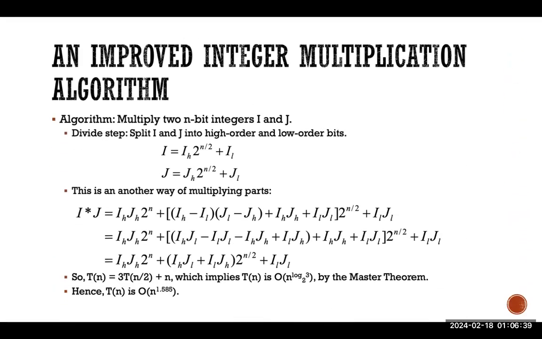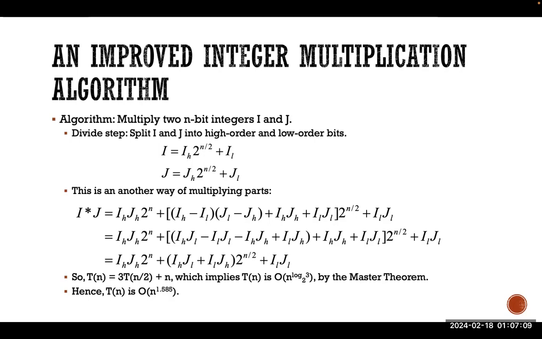The next one is an improved integer multiplication algorithm, where I'll be doing this multiplication in a different way. So I'm taking the two equations as the same and I'm multiplying in another way. Where I'm multiplying i and j is equal to ih jh 2^n plus (ih minus il) into (jl minus jh) plus ih jh plus il jl times 2^(n/2) plus il jl.